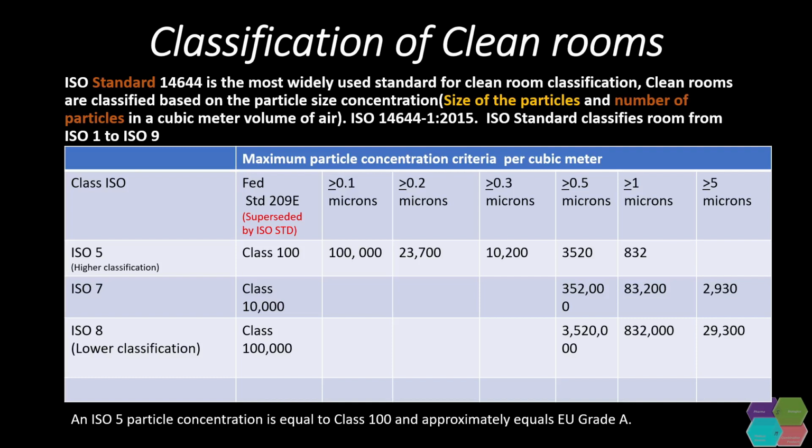The latest standard was issued in 2015, that is ISO 14644-1, issued in the year 2015. So the ISO standard classifies rooms from ISO 1 to ISO 9. But in this slide, I just gave the information for ISO 5, 7, and 8.